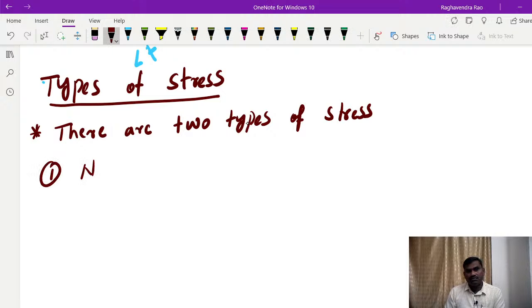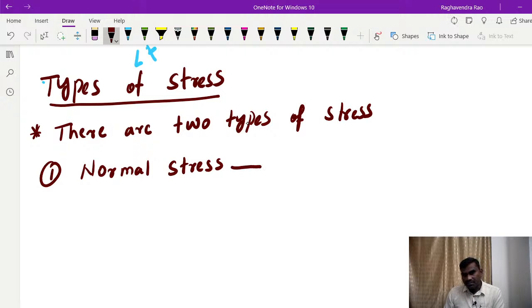First one, normal stress. Normal stress means which is acting normal to the surface.